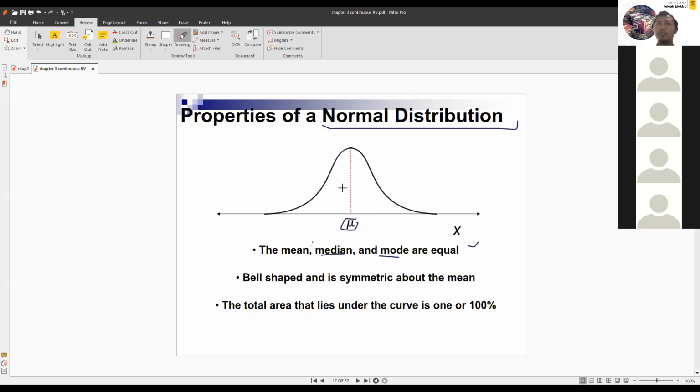The size of the left side is equal to the right side. The total area under the curve is 1, perfectly 1, no less or greater than 1. We can say also 100%.